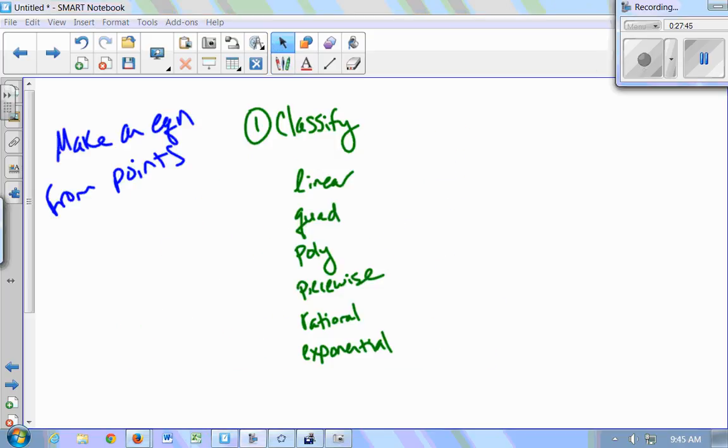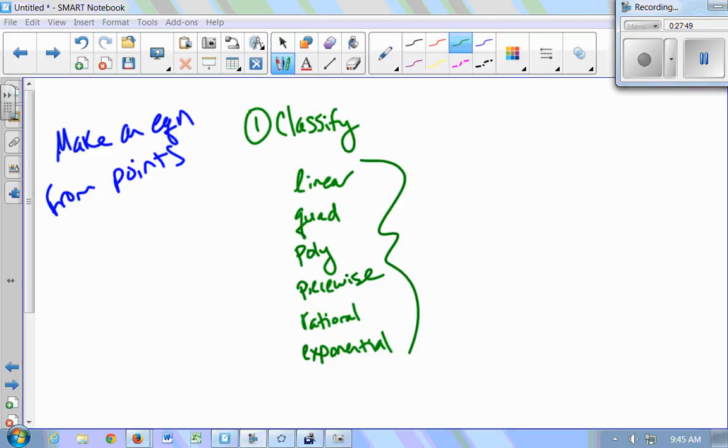Okay, so your first step is to classify, and this is often given. You're often told what kind of function you're going to use. If you're not told, they might have to give you a lot of data points so that you can look at the data points and decide what function would fit them best. But you're generally told what kind of function to use.